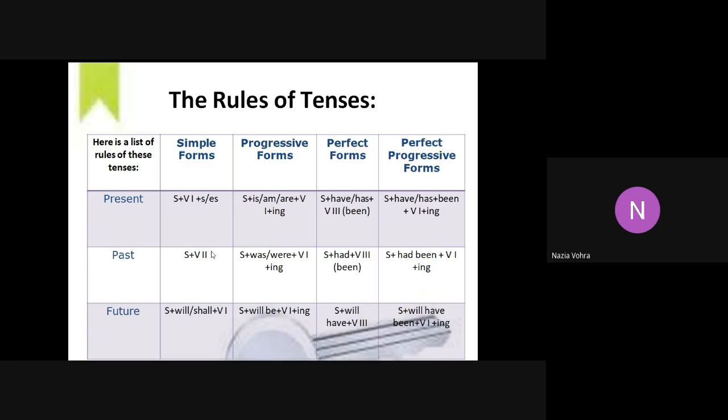In the simple form, when it's a past tense sentence, the subject would be there, but we will be using the verb in the ed form. And for the future, mostly we will always have a subject. A sentence cannot be without a subject.